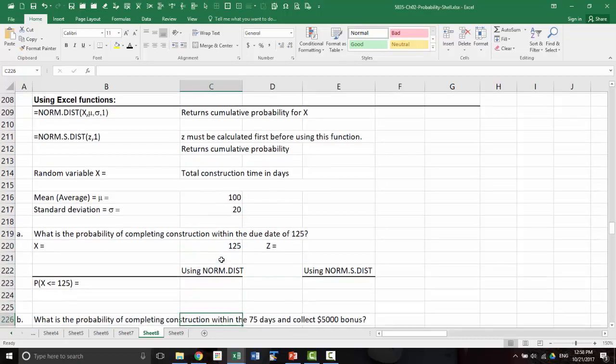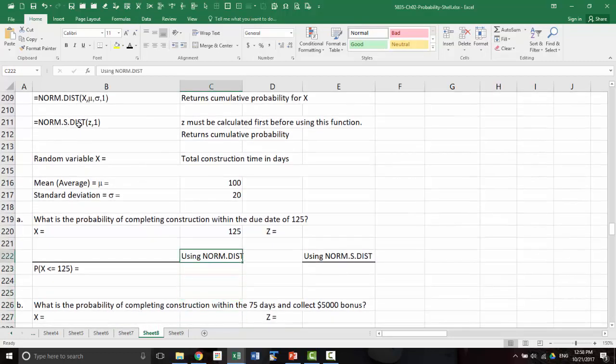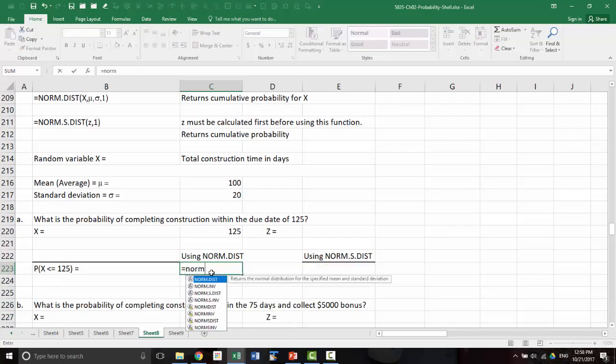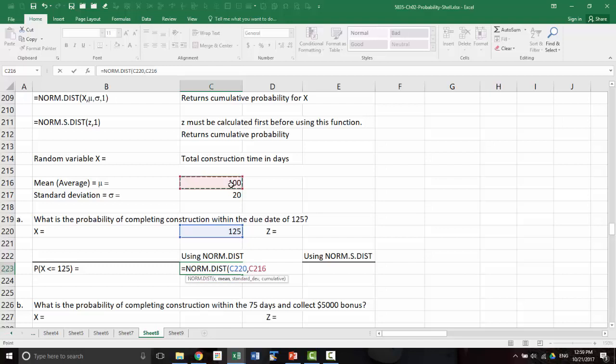If you use the NORM.DIST function, so that's the first one. NORM. And you'll see that there are four. These are the four current functions and the corresponding four legacy functions. Don't use the legacy functions. Use the current function. So you have to first specify the value of x and then the value of mean mu. I'm going to absolute reference that, and then standard deviation, absolute reference that as well.